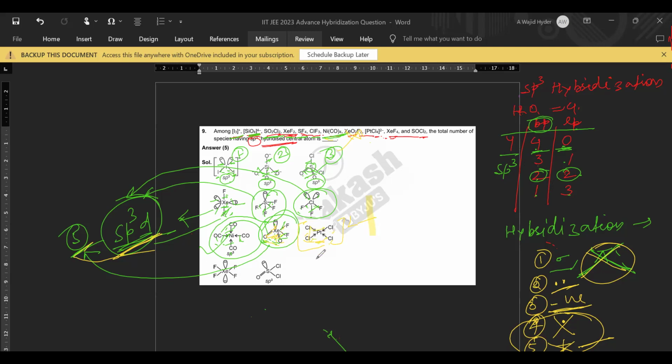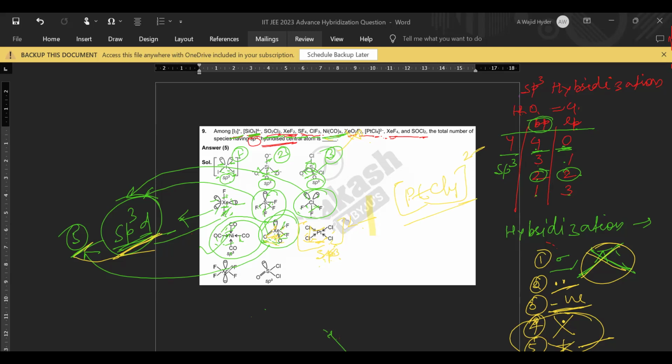So this also will be considered for sp3 hybridization, but 2 ionic bonds will also be there. So this is not an example of sp3. PtCl4 2 minus won't be an example of sp3 hybridization.